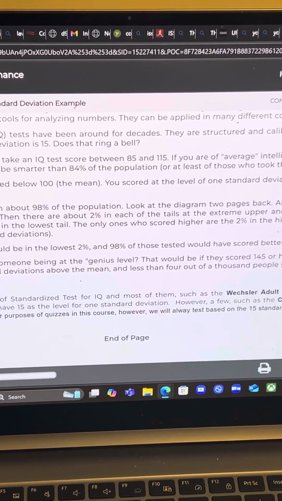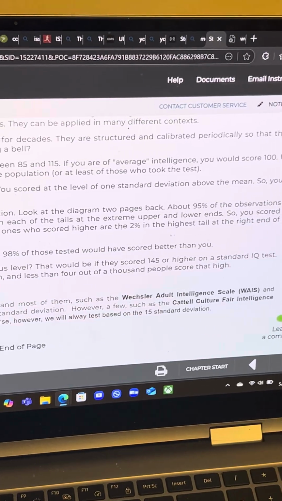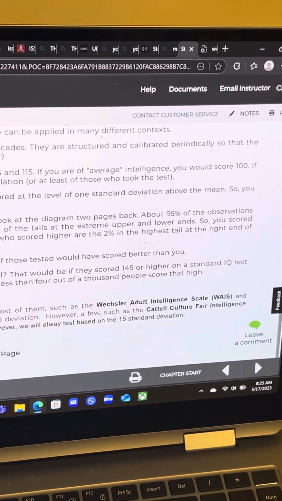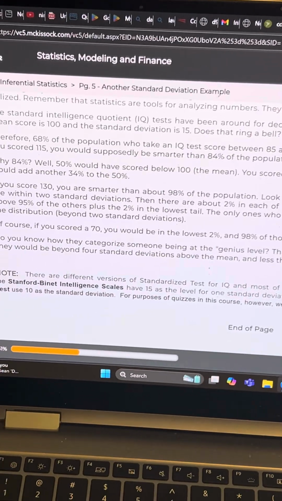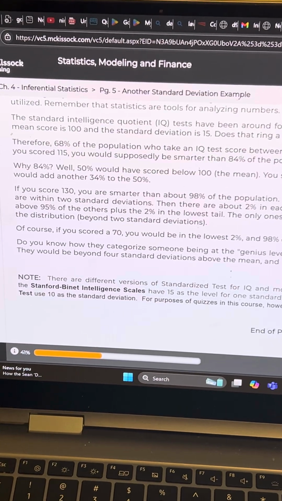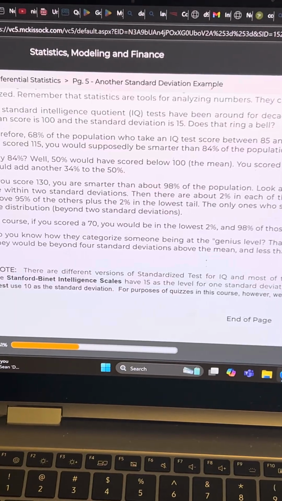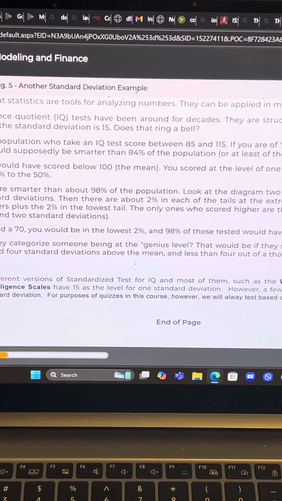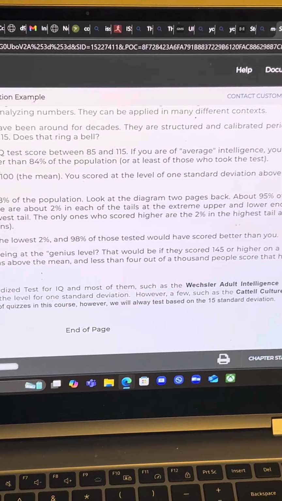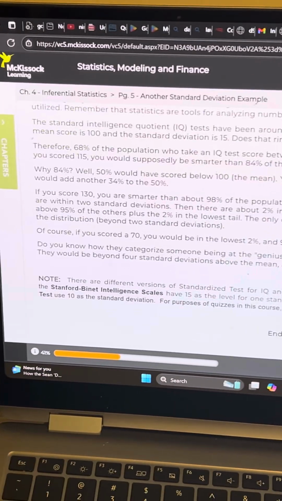The only ones who scored higher are the 2% in the highest tail at the right end of the distribution. Of course, if you scored at 70, you would be in the lowest 2%, and 98% of those tested would have scored better than you.